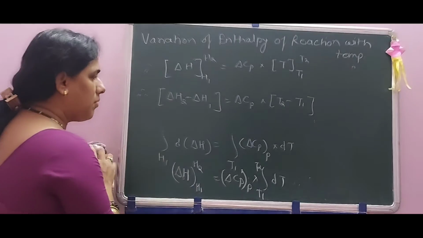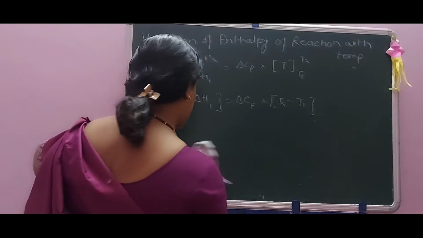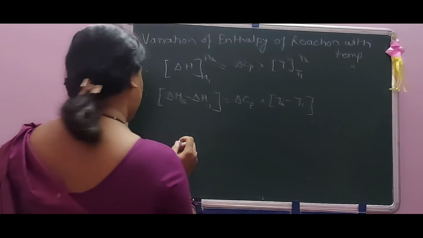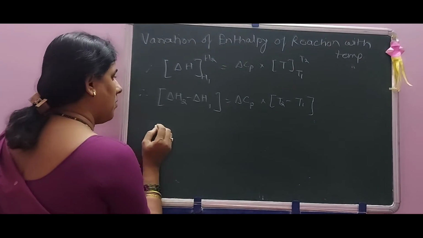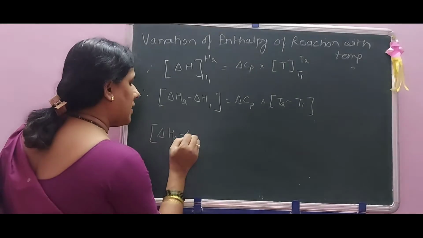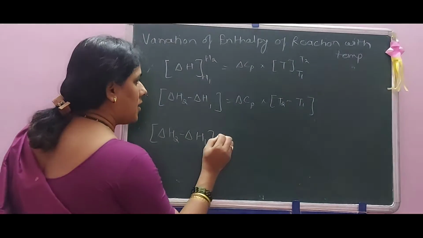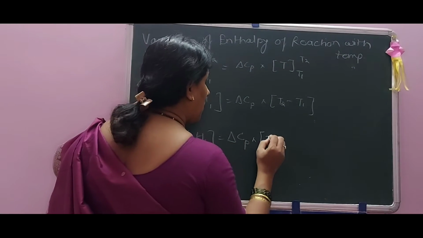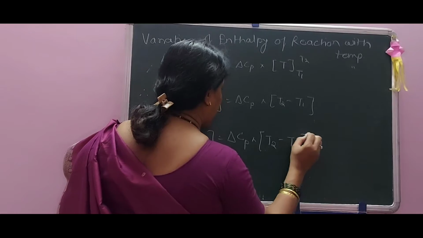Okay. Therefore, the final equation becomes delta H2 minus delta H1 is equal to delta Cp into T2 minus T1.